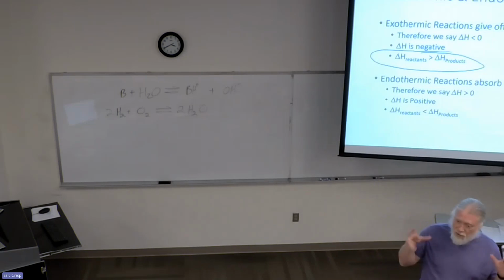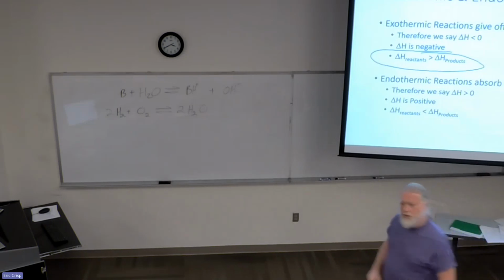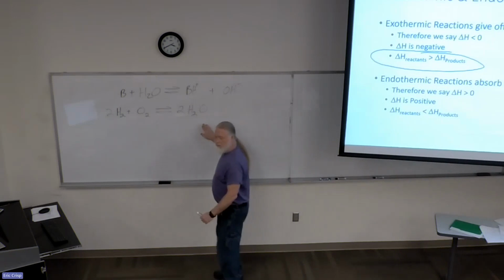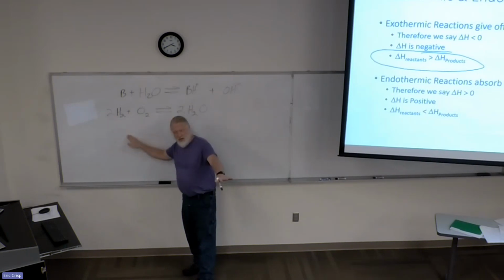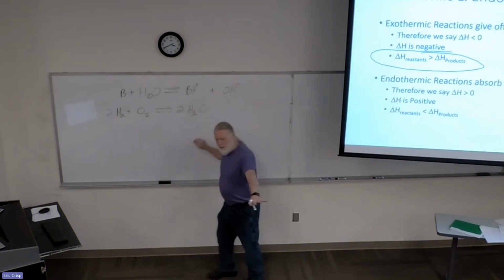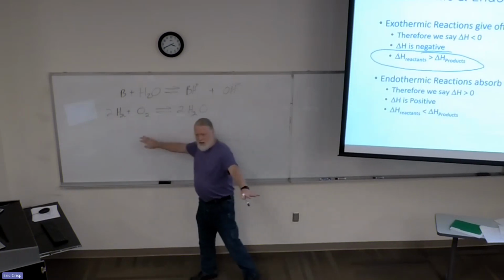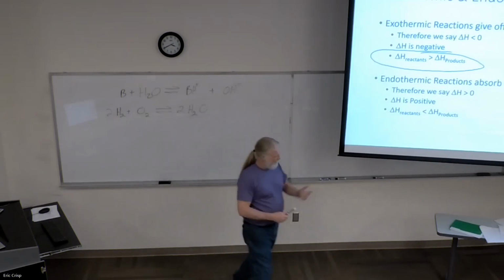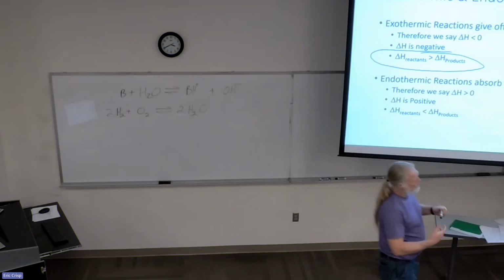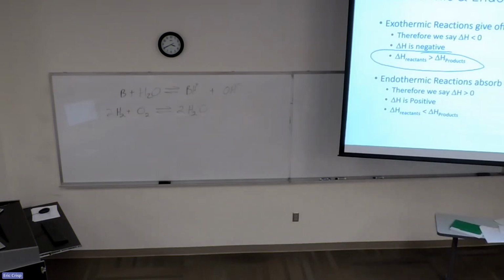So the reactants have more total energy in them. So when you do products minus reactants, you get a negative number. You just said that the reactants should have more energy in them, right? That's why we define products minus reactants, delta H negative, to be exothermic. It's deeper than just trying to memorize that exothermic is negative. Okay?